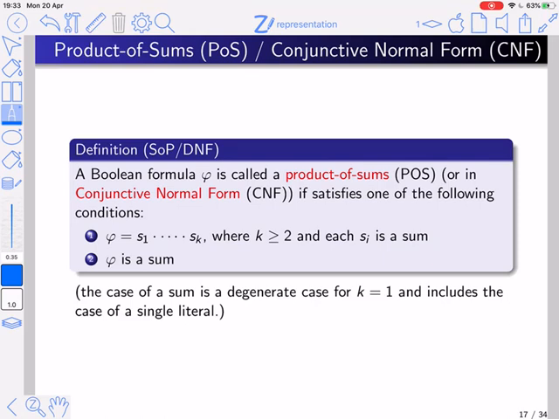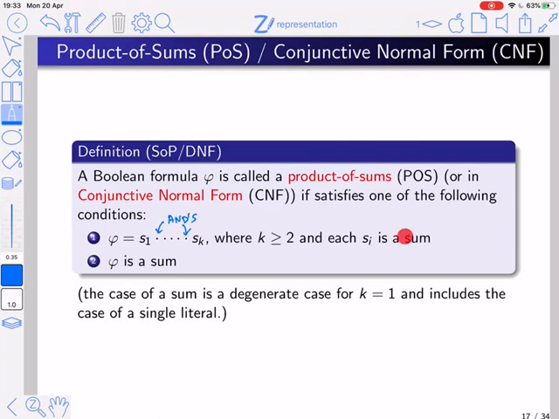We say that a Boolean formula phi is a product of sums, POS, or in conjunctive normal form, CNF, if it satisfies one of the following conditions. Phi is the product, these are ands, of sums.